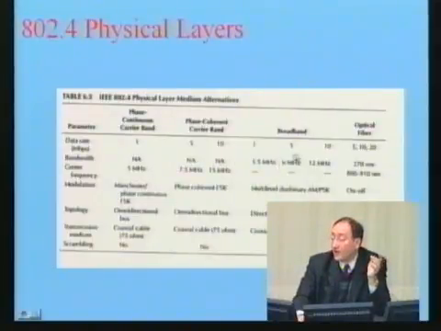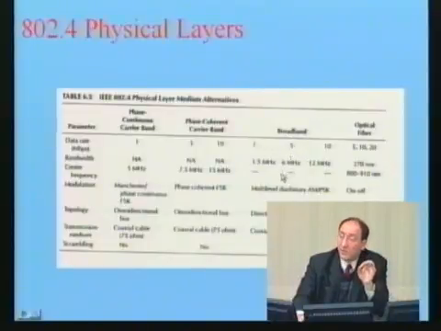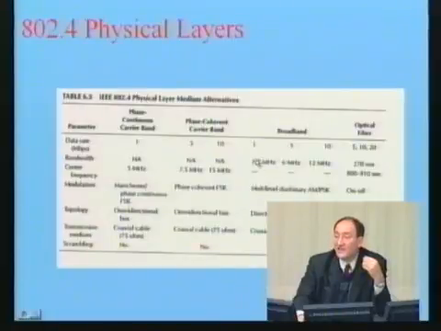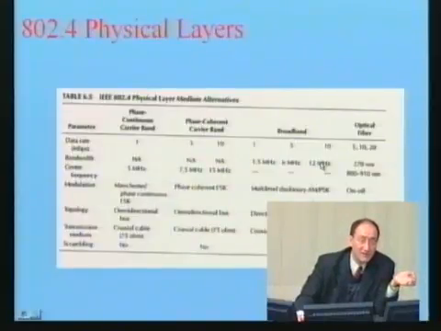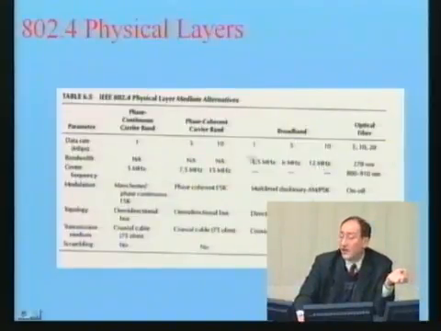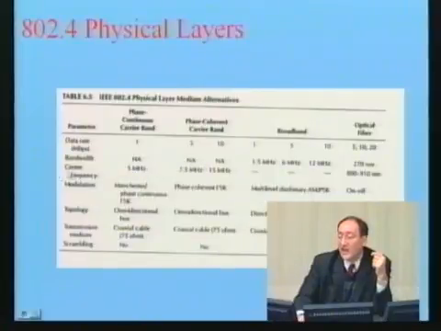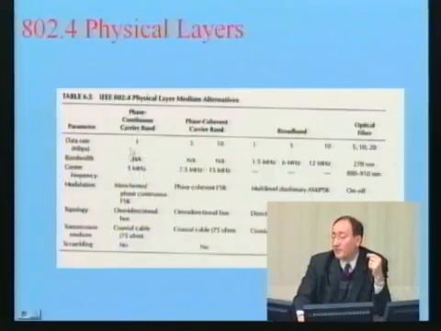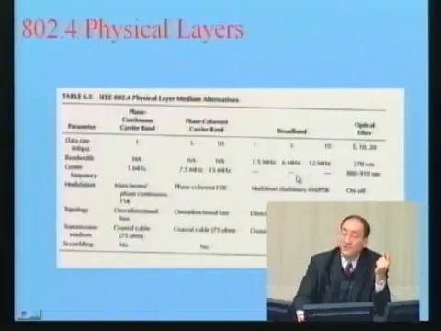But if I have broadband and you design a modem, your bandwidth has to comply with these values. Because otherwise, your product doesn't work with the product of other people. Okay, so this is one additional thing. The other one is carrier frequency. When I have carrier band, since I have one user, I have to specify carrier frequency. But if I go for broadband, I don't need to specify that because there are multiple channels.